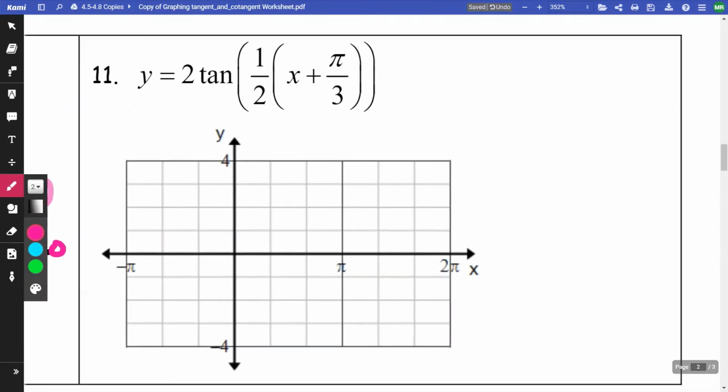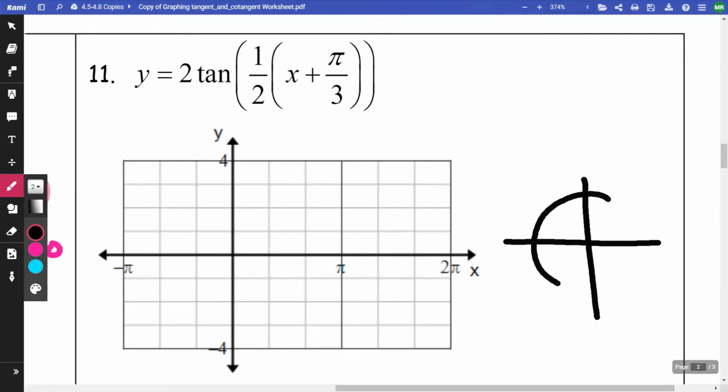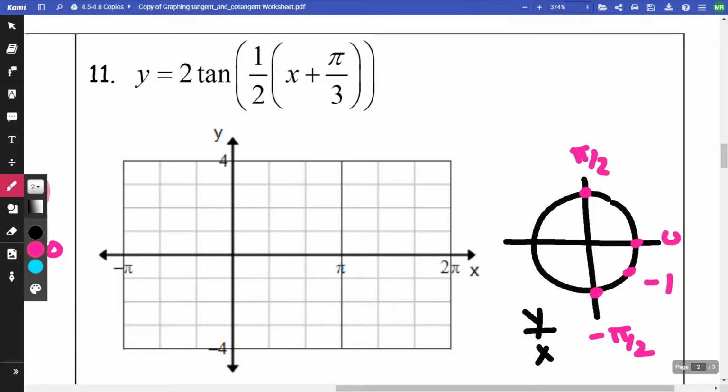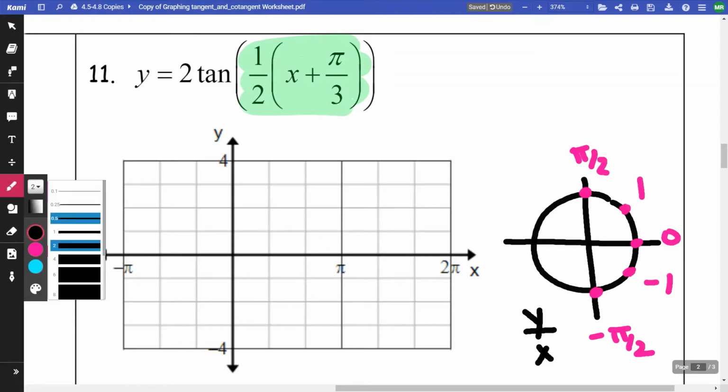11 is a tangent. And so again, this is y over x. So I'm going to be thinking of it from here to here, from negative pi halves to positive pi halves, negative 1, 0, 1. So when we have all this stuff going on here, all of this is going to be affecting where my asymptote is.